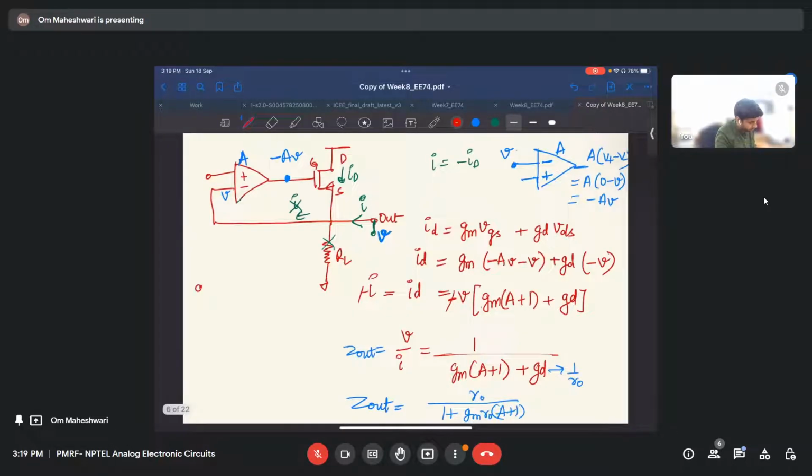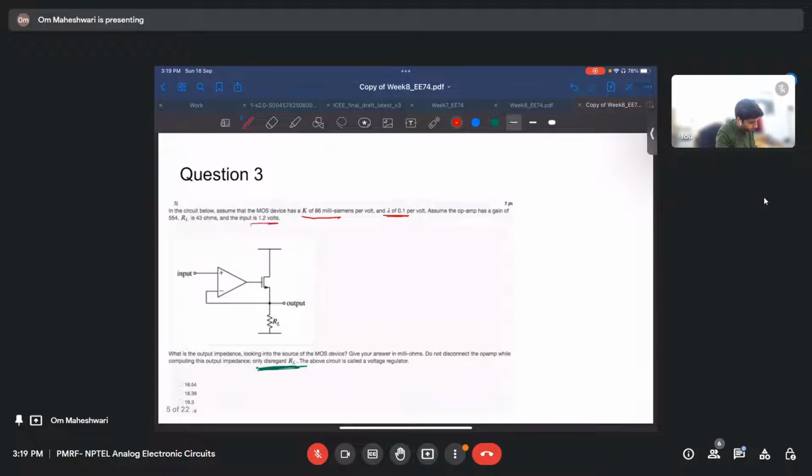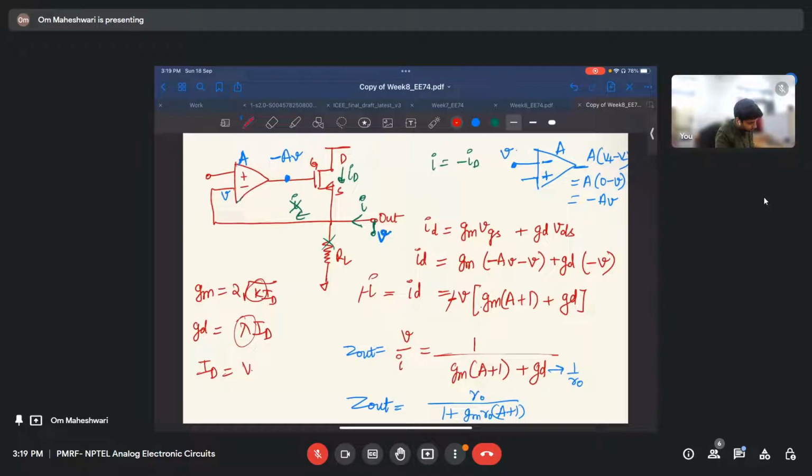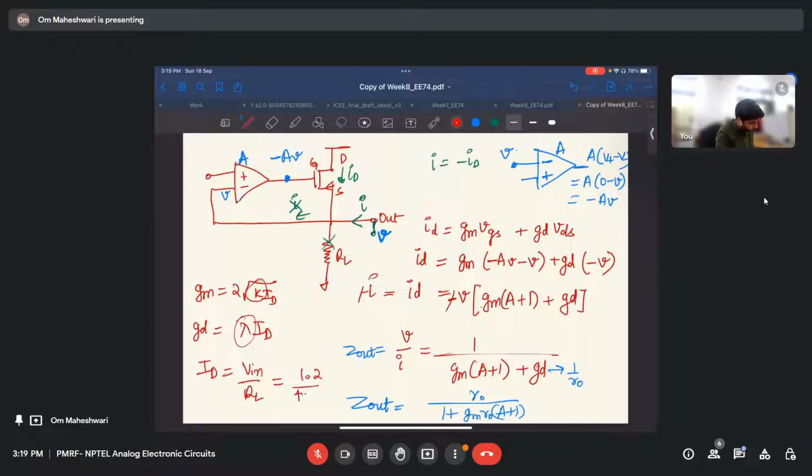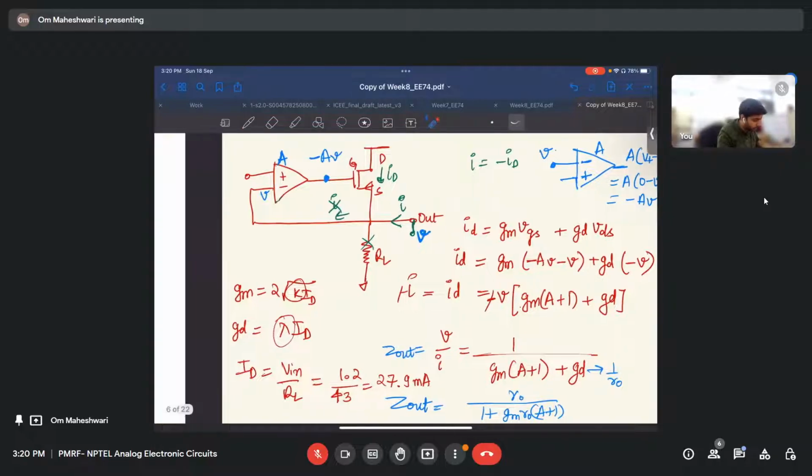So GM equals 2 under root K ID, and we know GD equals lambda ID. What will be ID? ID will be V in by RL, which equals 1.2 by 43, which is 27.9 something milliampere.